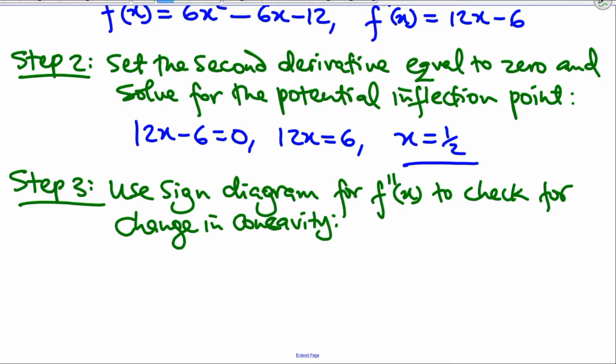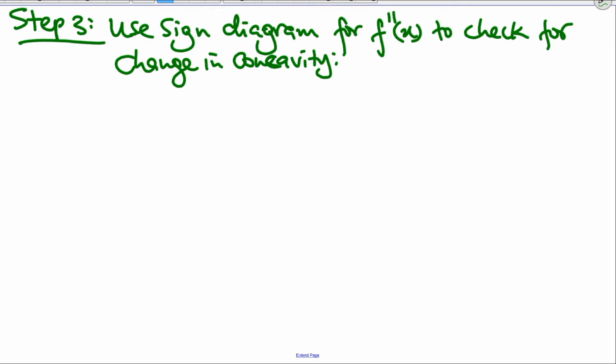And in fact, as we check for change in concavity, we'll be able to know where this function is concave up or concave down. So here is our x value, which happens to be a half.